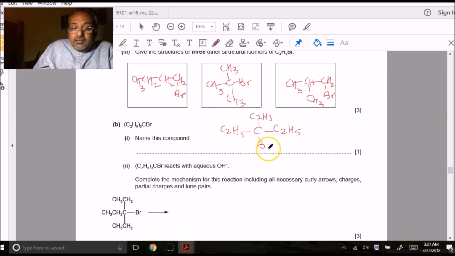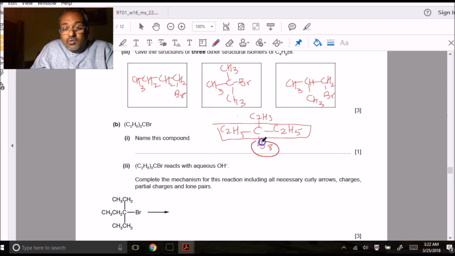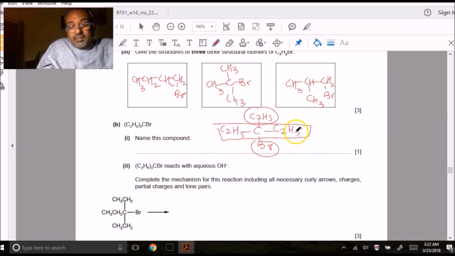That's my parent chain, which now has 5 carbon atoms, and that's carbon number 3. I have a bromo group on carbon 3, and this is the ethyl group on carbon 3. Out of ethyl and bromo, bromo comes first. So it's going to be called 3-bromo-3-ethylpentane. That's the answer for this question.